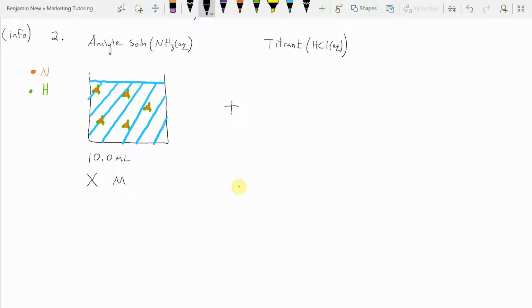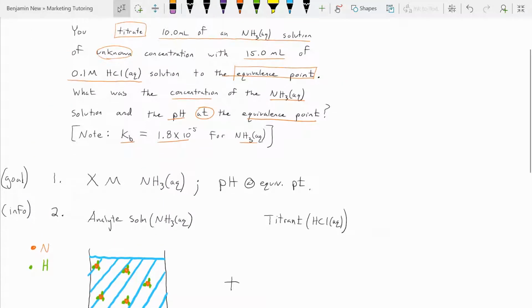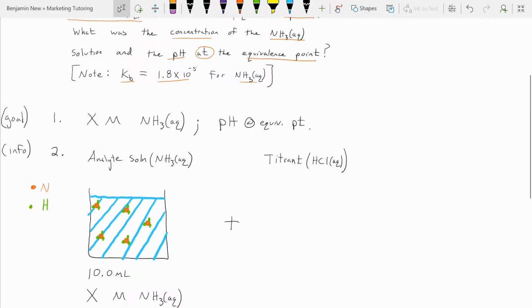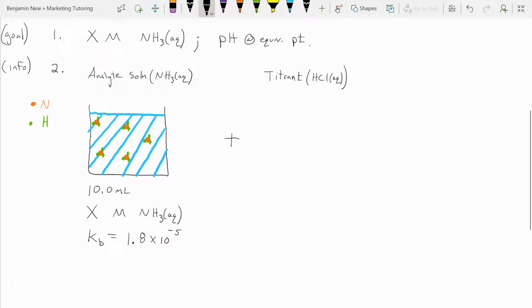We don't know the concentration. And we can also write down the Kb. Since the ammonia is over here, we can write the Kb beneath this for ammonia. The Kb, or the base dissociation constant, is 1.8 times 10 to the minus 5 power.